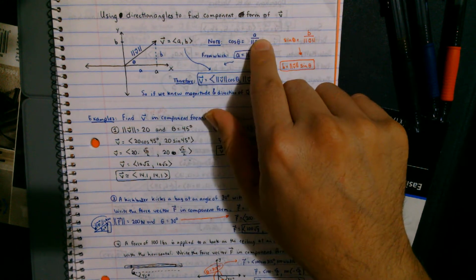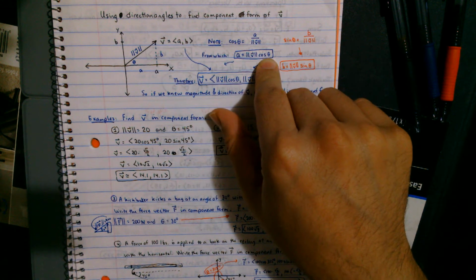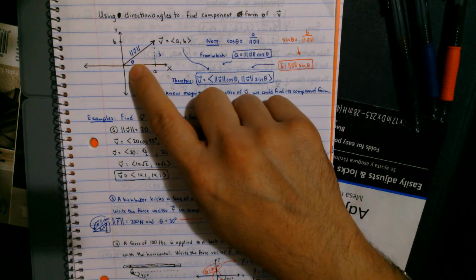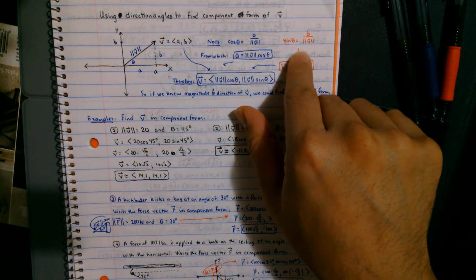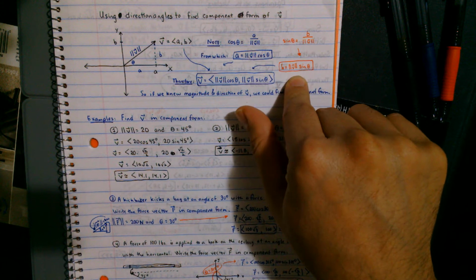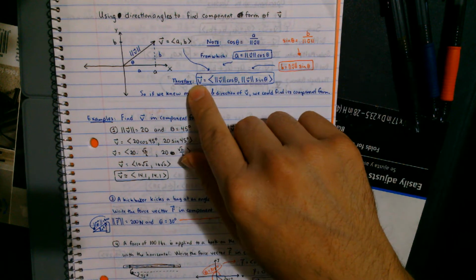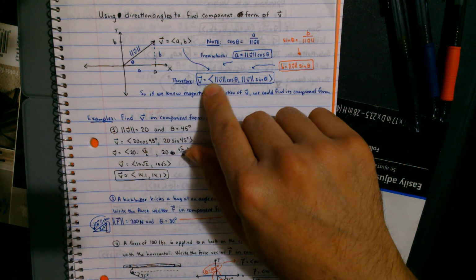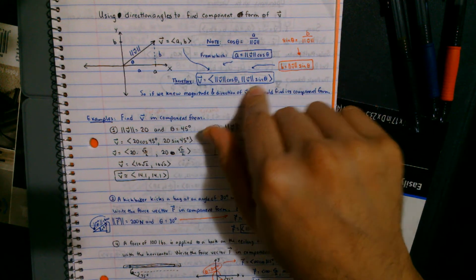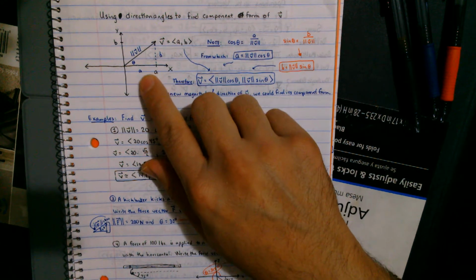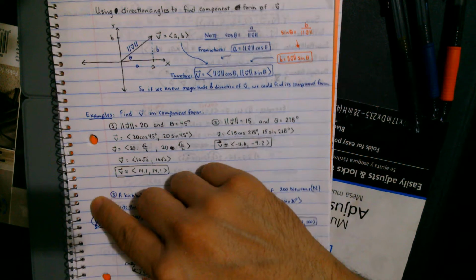If you multiply both sides by the magnitude, A is the magnitude times the cosine of the angle of the direction. And same thing for the B component: the B component would be the magnitude times sine of the angle. So therefore, any vector can be written in this form: magnitude times cosine of theta, magnitude times sine theta. So if you have the magnitude and you have the direction, you can write the component form of any vector.